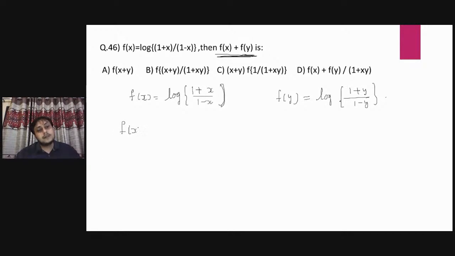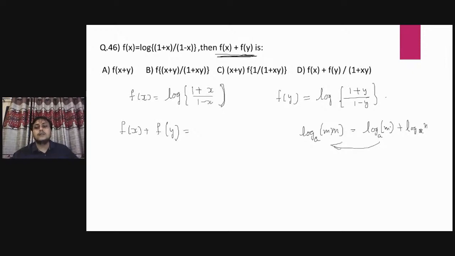So guys, f(x) plus f(y). To solve this question, you must know some properties of logarithm. Logarithm of m base a plus logarithm of n base a equals logarithm of m into n base a, and vice versa also.